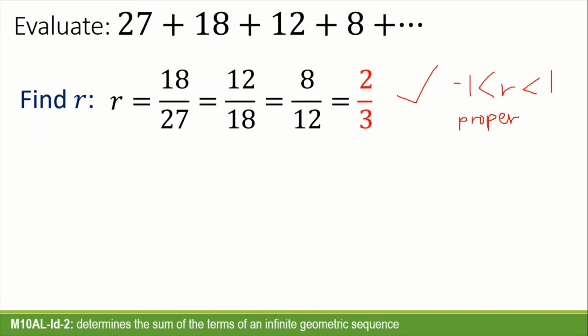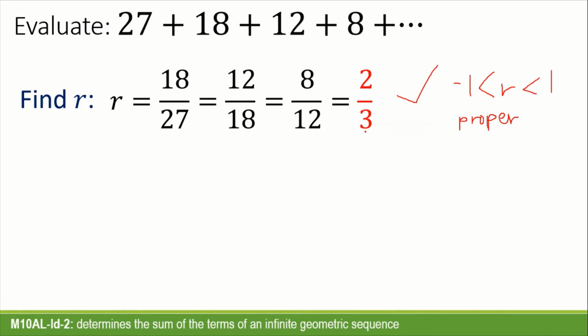Halimbawa, 2/3, 1/4, 1/2, 3/5, 4/9. So, the numerator is less than the denominator. Kasi, kapag mas malaki ang numerator sa denominator, so sobra na siya ng 1. So, hindi na siya pasok dito sa condition natin. So, again, if the absolute value of a given fraction is a proper fraction, tulad ng 2/3, okay?